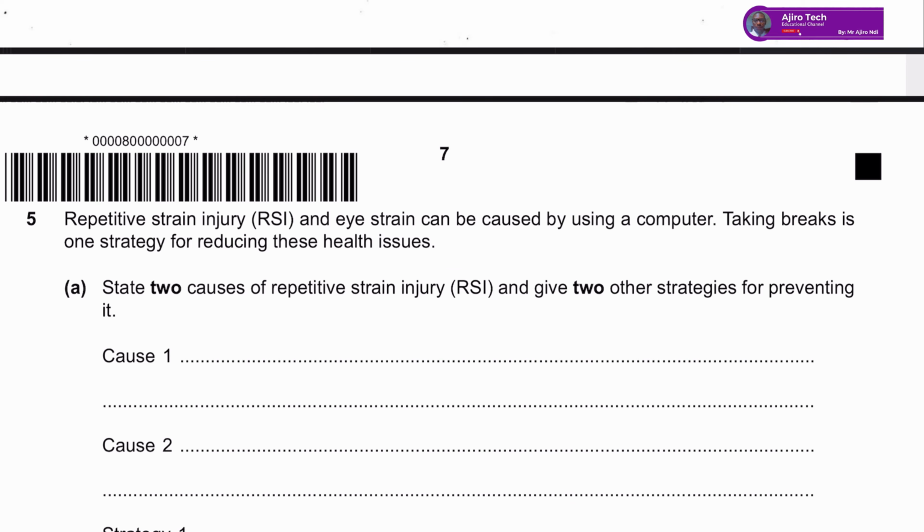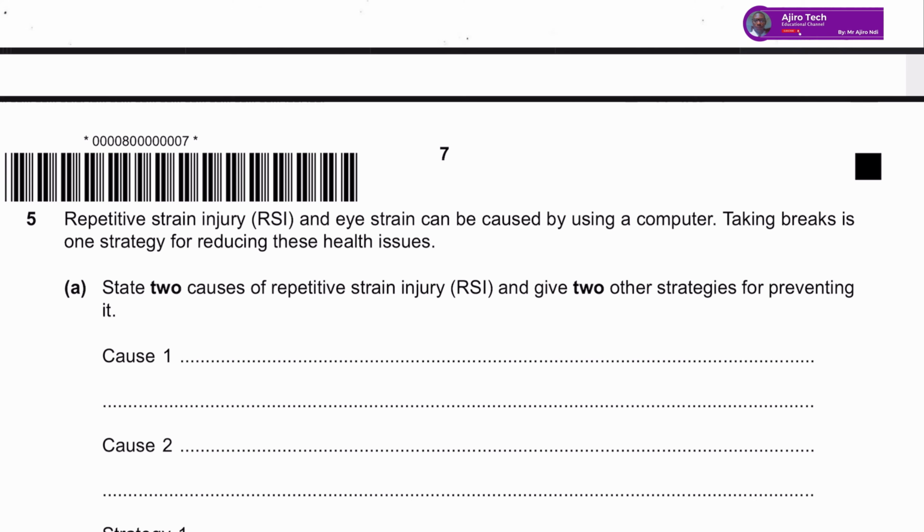Repetitive strain injury and eye strain can be caused by using a computer. Taking breaks is one strategy for reducing these health issues. State two causes of repetitive strain injuries and give two other strategies for preventing it.